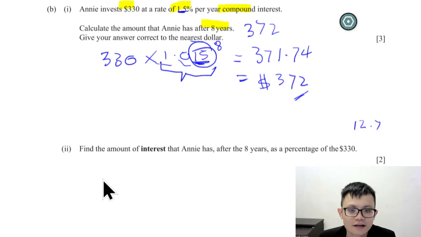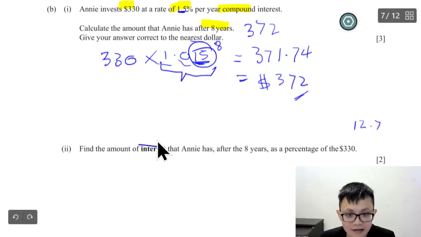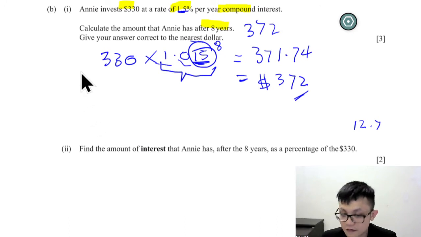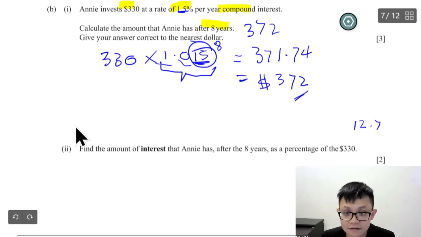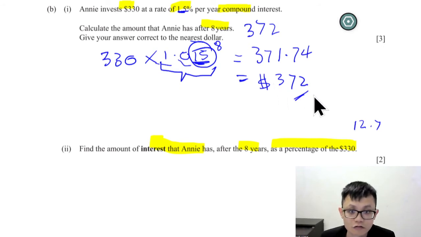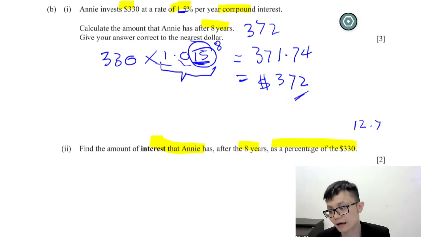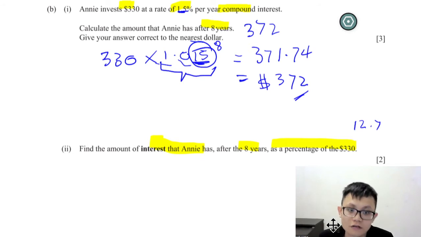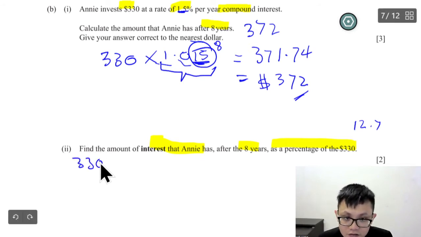Okay, next question. Find the interest amount that Annie has after 8 years as a percentage of 330. Okay, so for this question is so easy, correct or not? Because find the interest that Annie has after 8 years as a percentage of 330. So what I need to do is I just need to minus, correct or not? 372 minus 330.